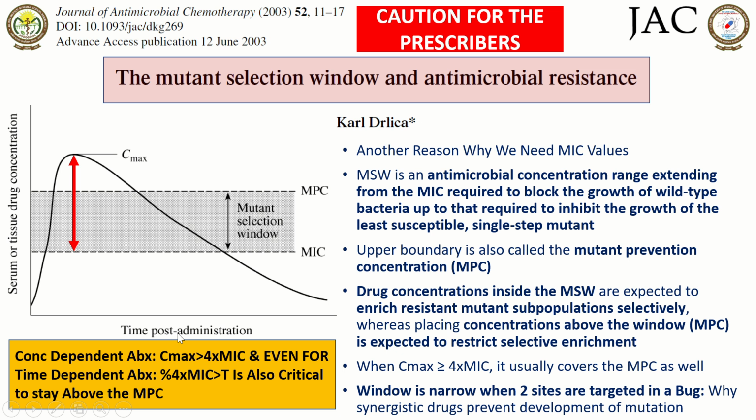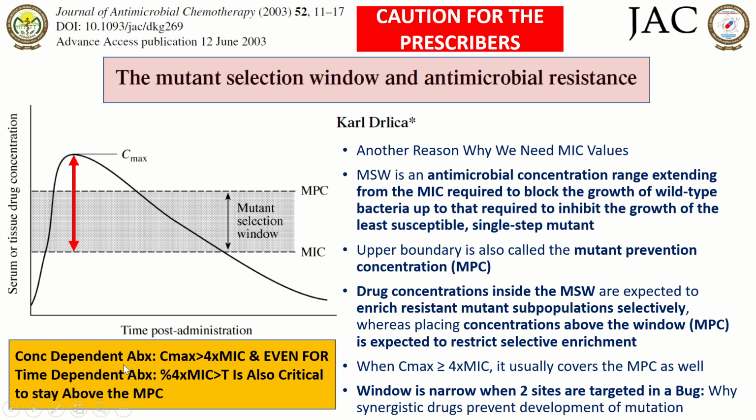The same principle extends both to concentration dependent antibiotics as well as time dependent antibiotics. For concentration dependent antibiotics, you must have a very high concentration. In any case, it is going to be 8 or 10 for aminoglycosides. But at the same time, for time dependent antibiotics also, the percentage of time when it is above the MIC has to be at a higher level, 4 times the MIC, as mentioned over here.